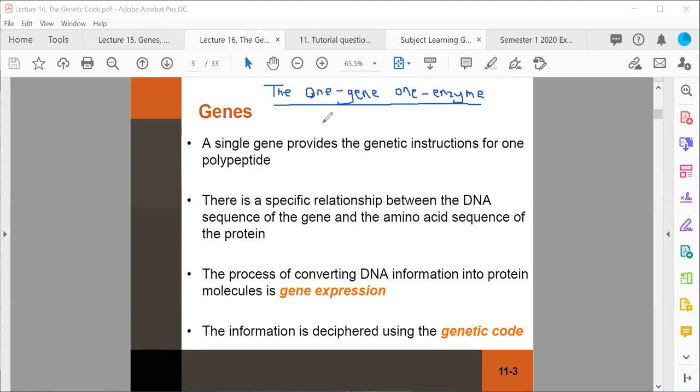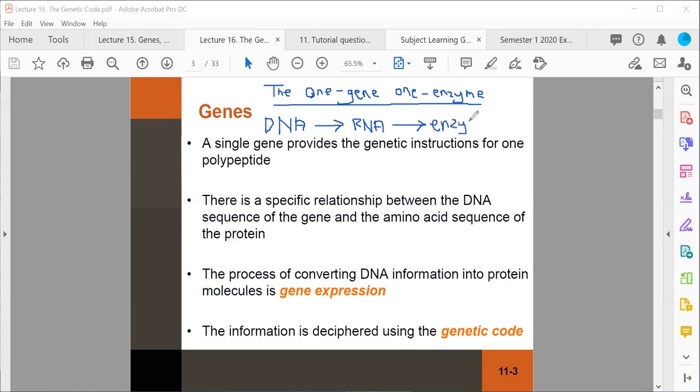What that dogma proposed was that the code found in DNA is transcribed into a code in RNA, and then the code in RNA is translated into an enzyme.